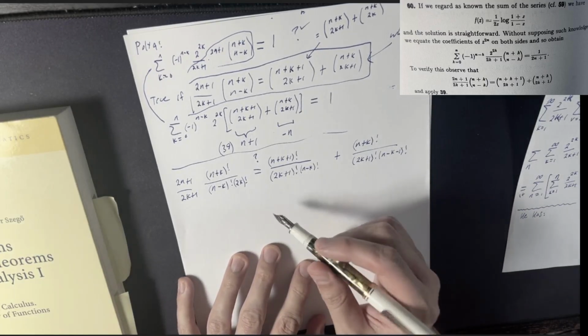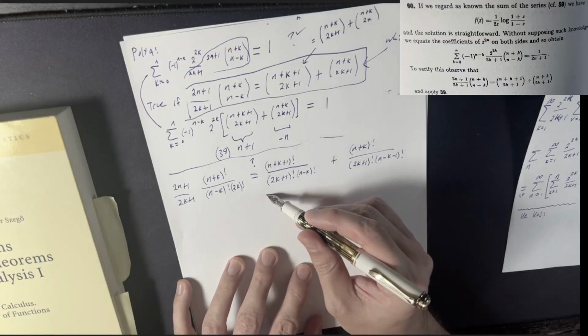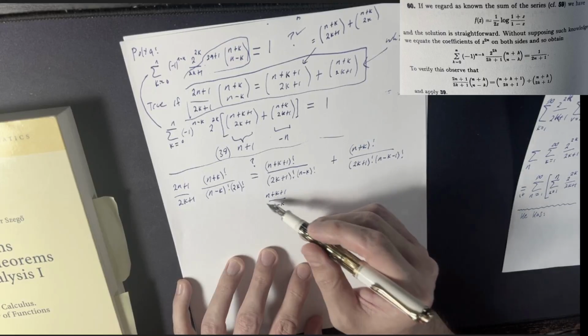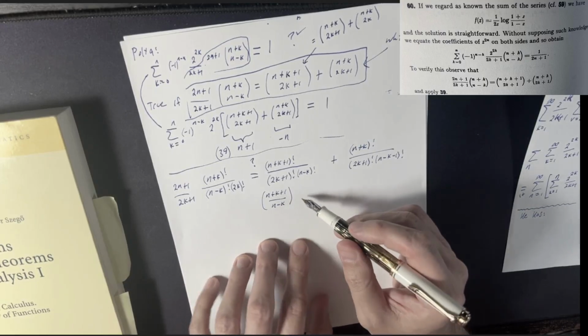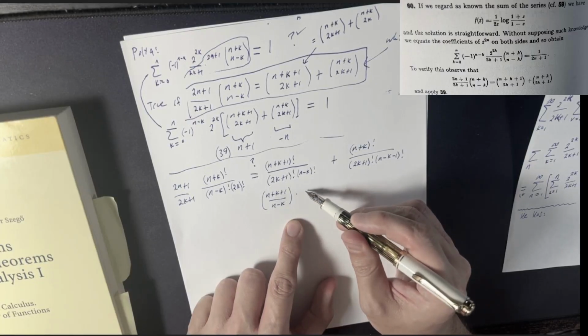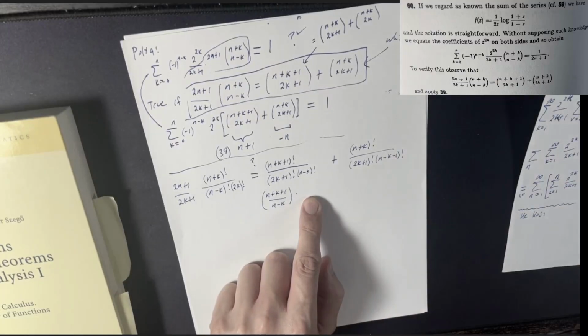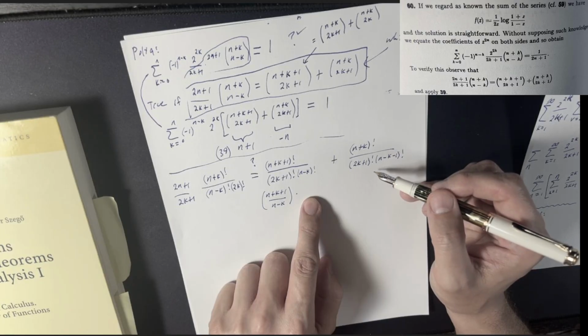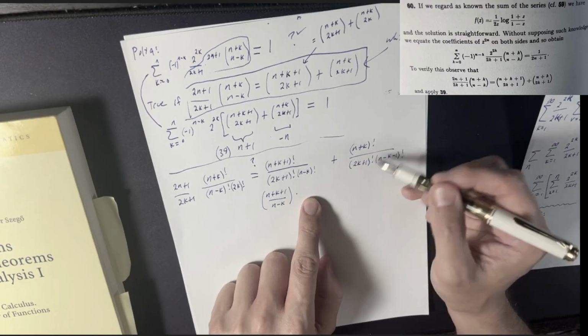This right-hand side looks like n plus k plus 1 over n minus k, times 2 of these, right?